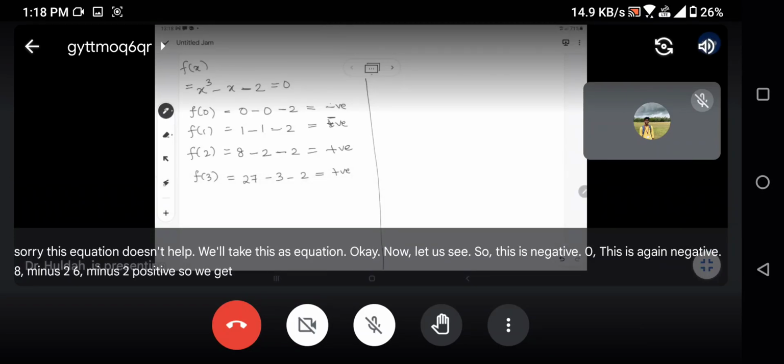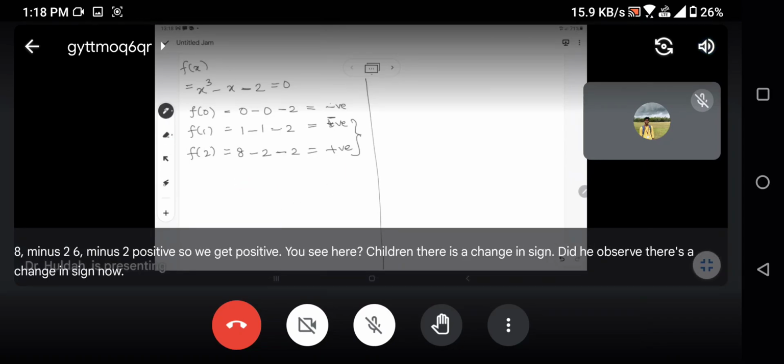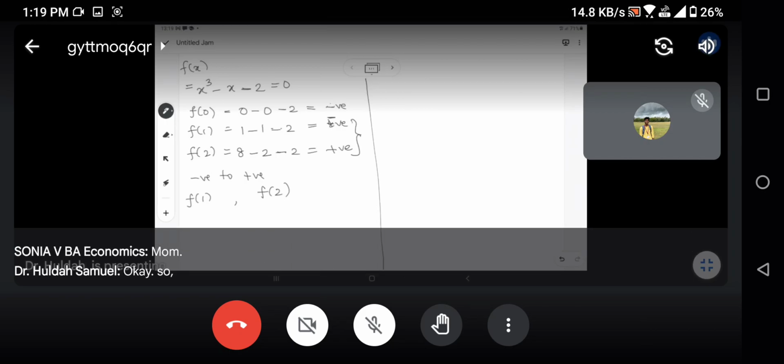So you get positive. You see here, children, there is a change in sign. Did you observe? There is a change in sign now, negative to positive between f of 1 and f of 2. Understood? Yes, ma'am. So there is a change in sign, positive to negative or negative to positive.